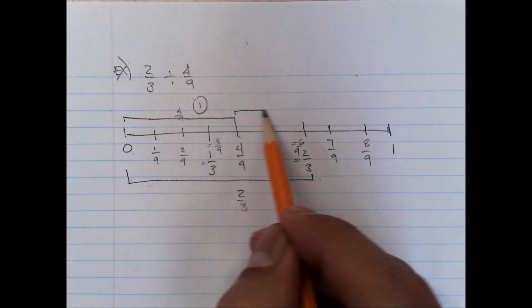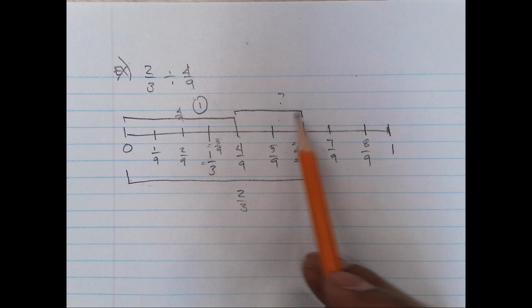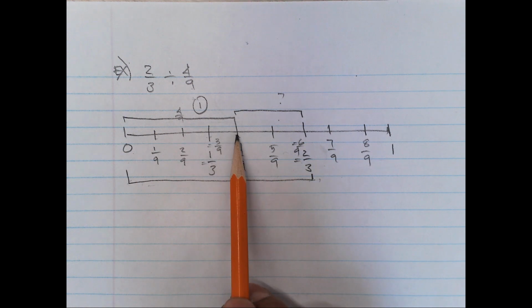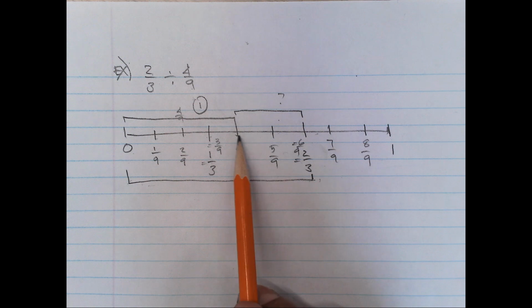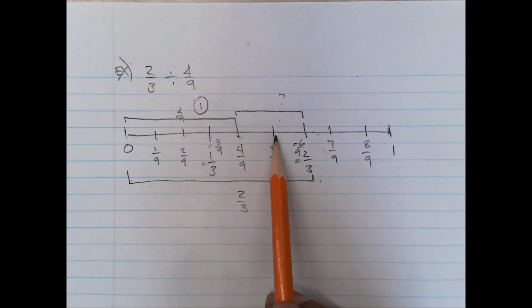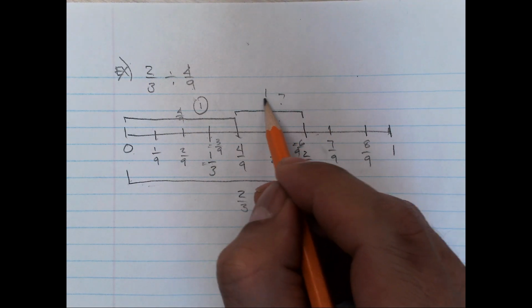We have this piece still. Well, how much of this is actually this 4/9? It looks like 4/9 is 1, 2, 3, 4 notches. And this little piece here is only 2 notches. So that's only 2 out of the 4. So this 2 out of the 4 is only a half.